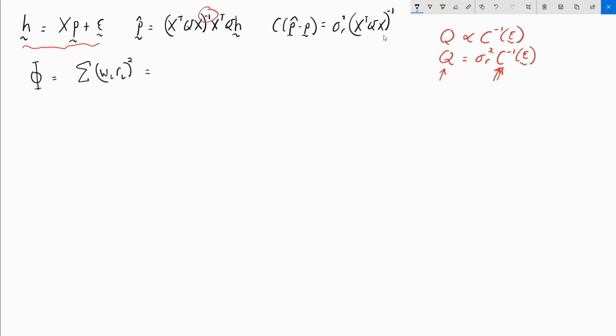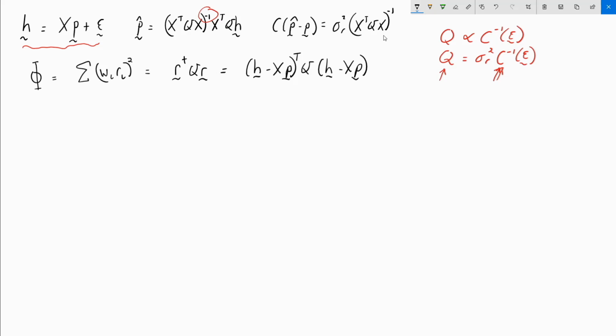That equals R^T Q R, which equals (h minus Xp)^T Q (h minus Xp).